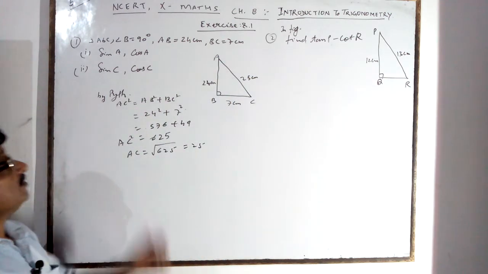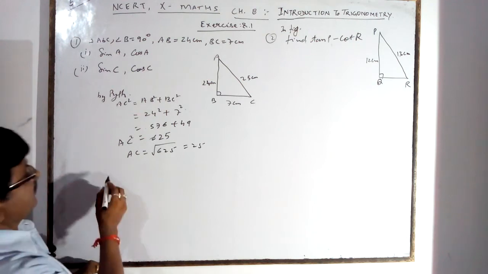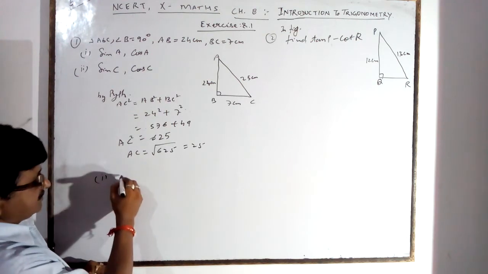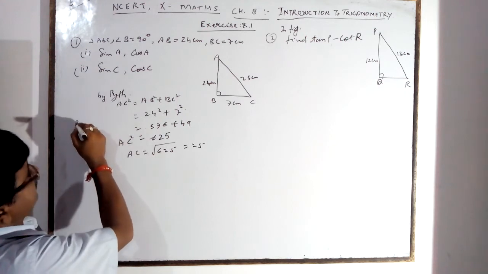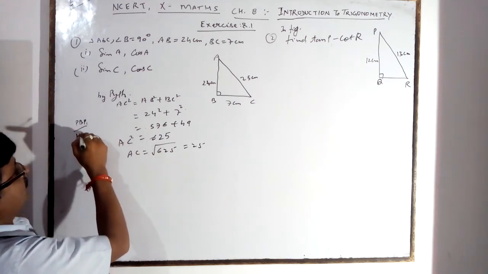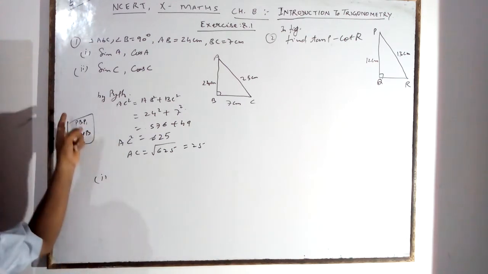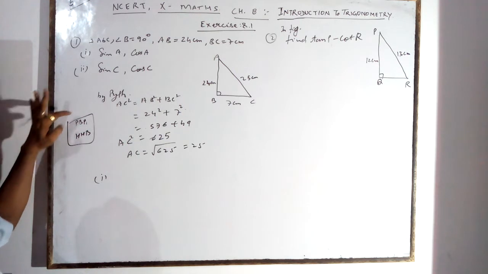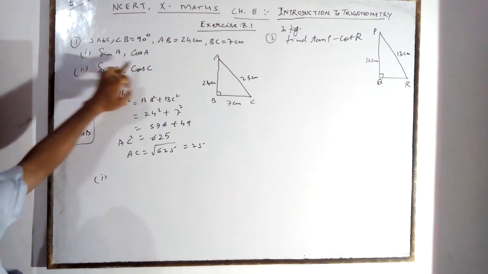Now your question is sin A, cos A, first part. For sin A, I have told you one relation, PBP, Pandit Badri Prasad Har Bole. With this relation you can get sin, cos, tan. Sin is P upon H, cos is B upon H, tan is P upon B. So sin and cos you want.